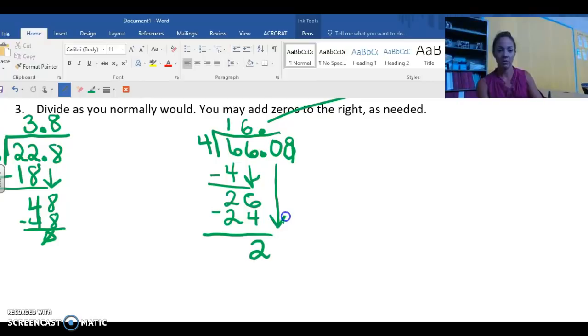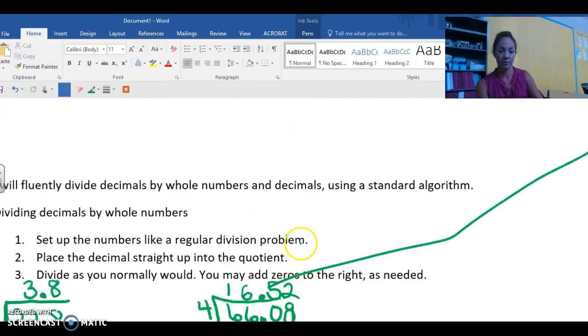Bring down the 0, and that turns into 20. 4 times 5 equals 20. And it actually works out evenly. So now I have 0. Bring down the 8. 4 goes into 8 twice.